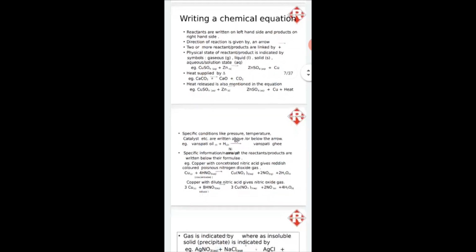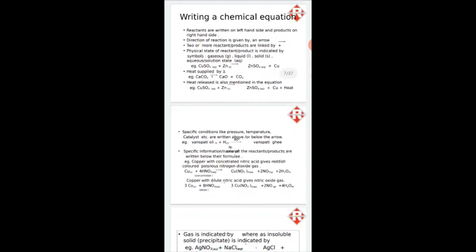So in that way we indicate the states of reactant as well as product. Next, if we supply heat for a chemical reaction, at that time we use a triangle.